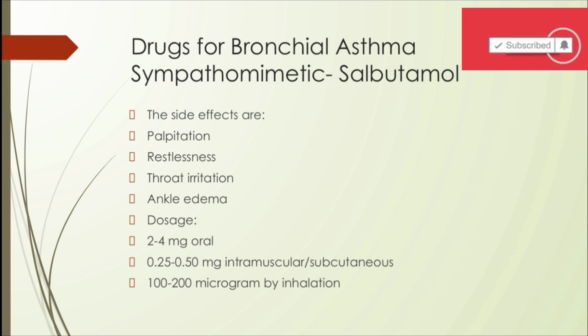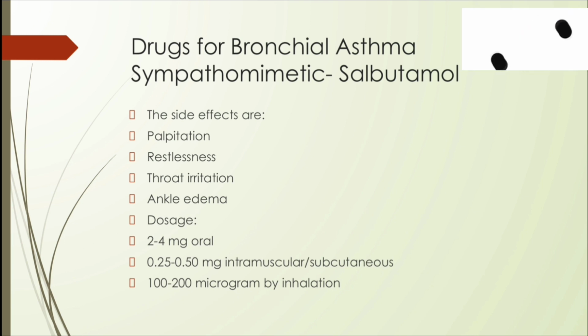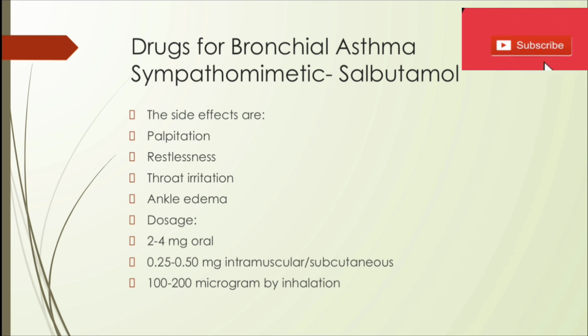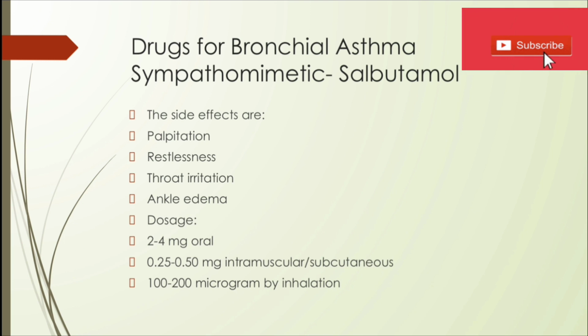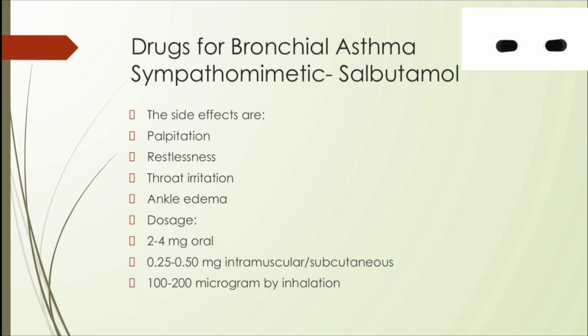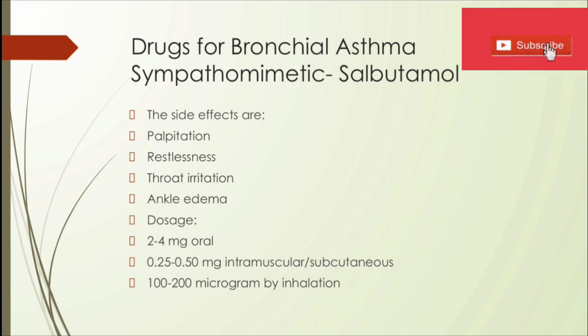For those who cannot inhale in a proper way, oral therapy is used. The dosage is 2 to 4 mg oral, 0.25 to 0.5 mg intramuscular and subcutaneous, then 100 to 200 microgram by inhalation.